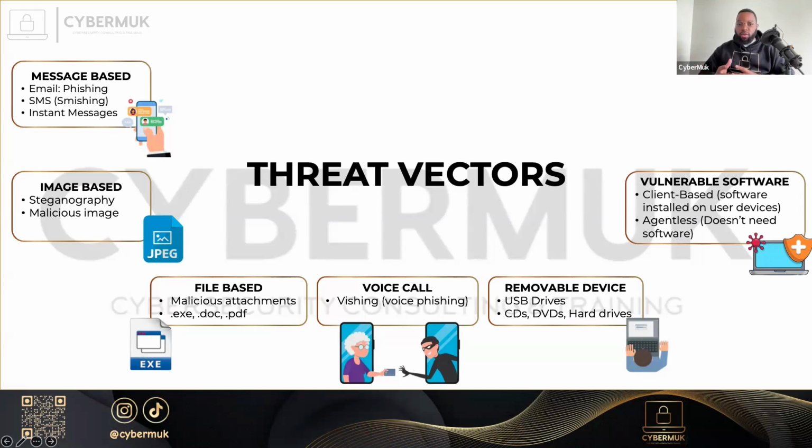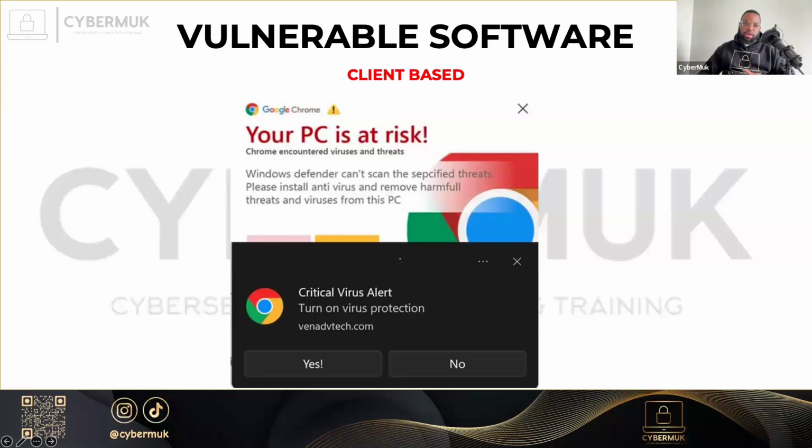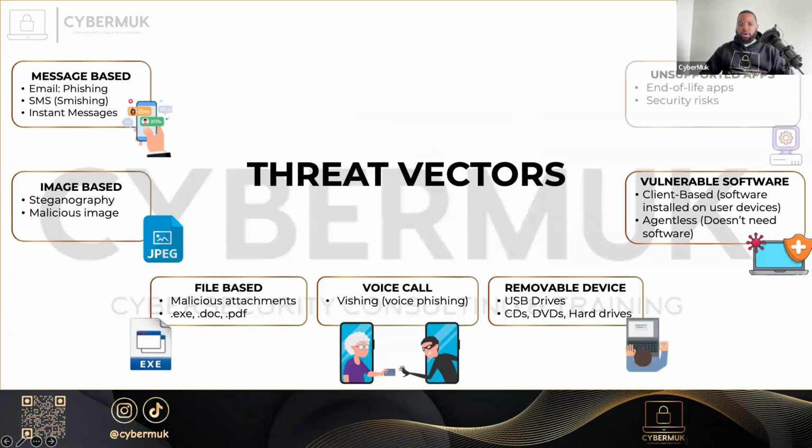Agentless doesn't need software. Client-based is usually installed on the user's device. And it's always better to have a protection measure like a firewall or antivirus software to protect against vulnerable software.